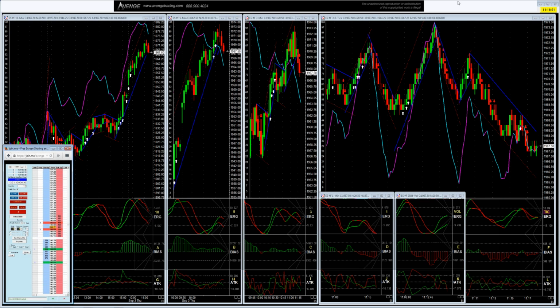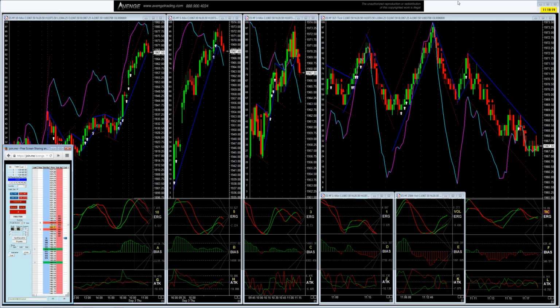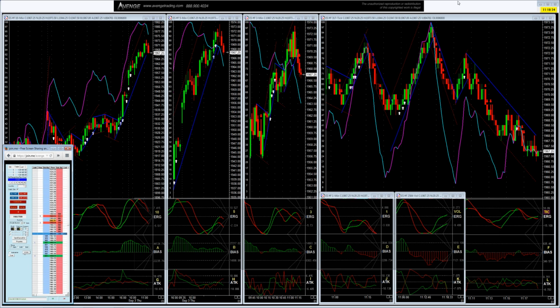Just had to adjust my ladder there a little bit. Again, the 66.25 is the 1 point target on the setup 10.5.